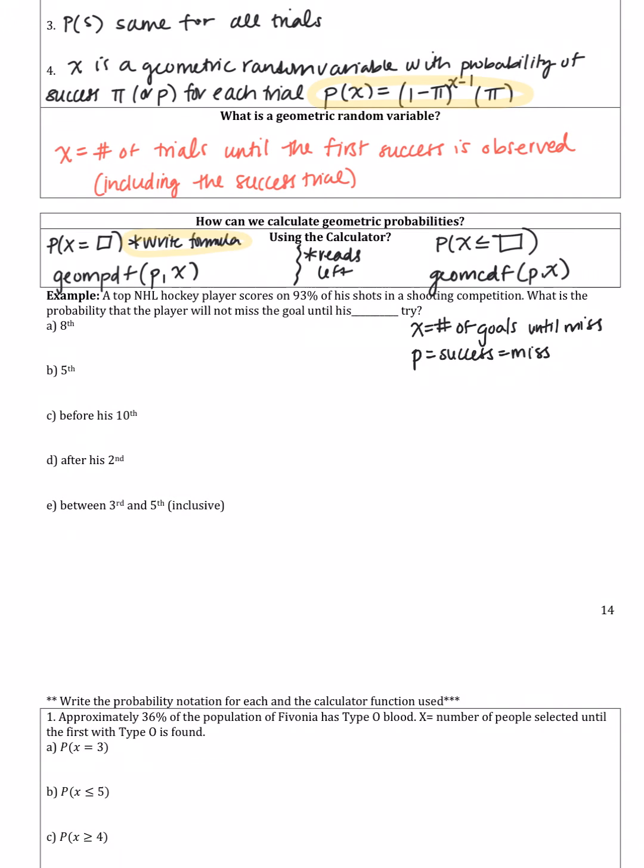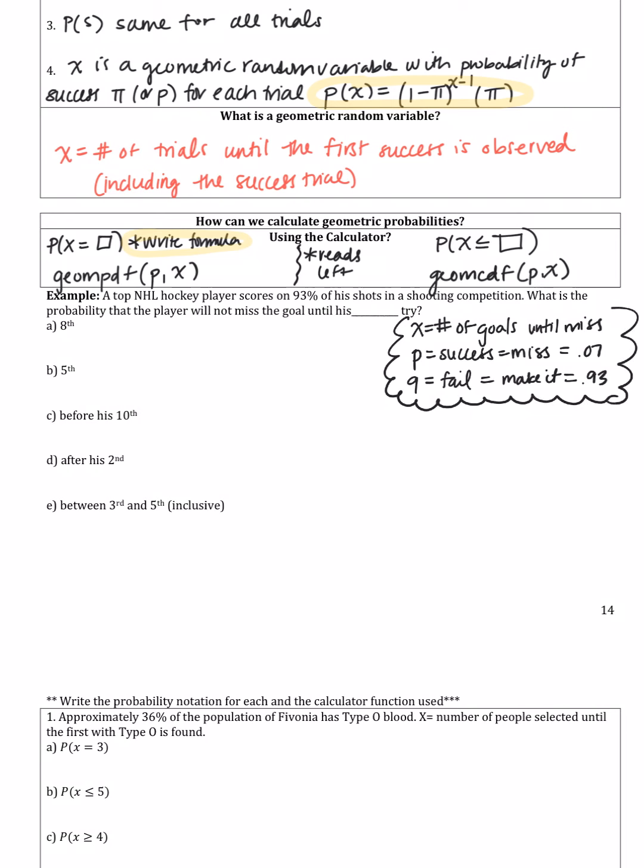So you've got to be careful, because in this case, probability of success is kind of a failure. A fail would be he makes it, because if he makes it, then we keep going. So it might be important to list these things out before you get going.